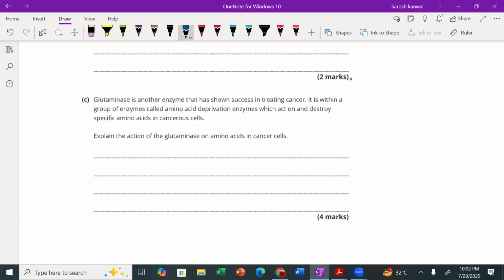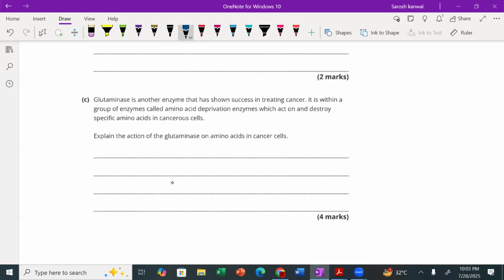Yes, Laiba, can you hear me? Yes, ma'am. My first point is that glutaminase catalyzes the conversion of glutamine to glutamate and ammonia. My second point is that cancer cells rely heavily on glutamine, many cancer cells are glutamine addicted.